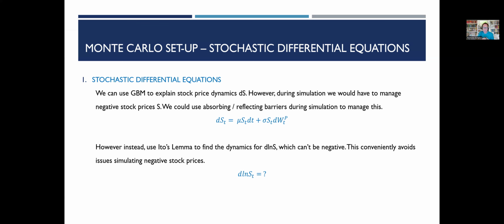What that means is that whenever simulated stock prices are negative, if you're using absorbing barriers, negative prices will be set to zero, and with reflecting barriers, negative prices will be flipped. You would flip the negative price to a positive price. There's no right or wrong. Perhaps you study empirically which one behaves better and go with that.